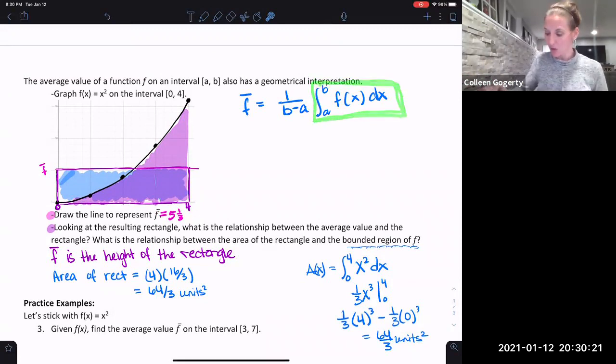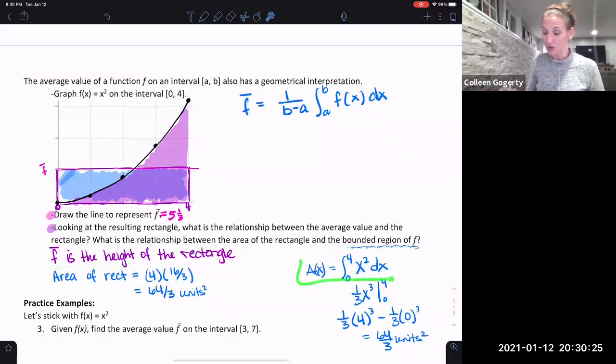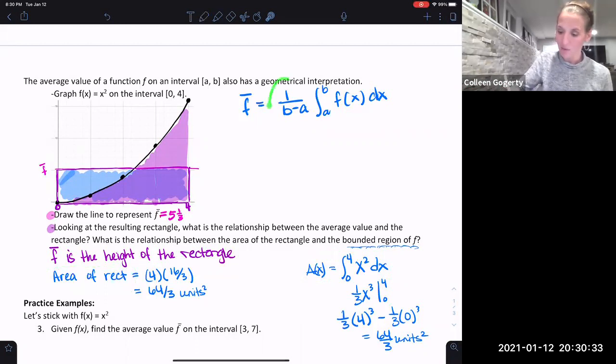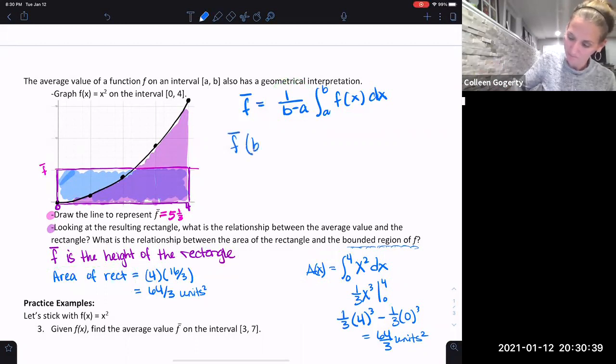So if the area of the rectangle is equal to the area under the curve, let's get that alone. With some algebra, I want to move this to the other side, so I'm going to multiply both sides by b minus a, which equals the integral from a to b of f of x dx.